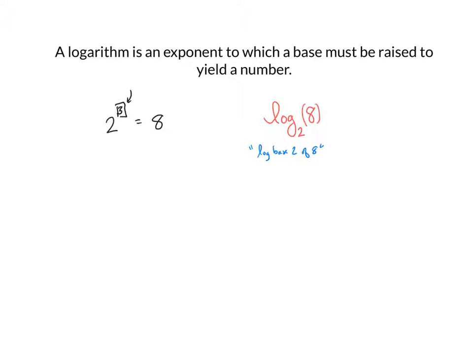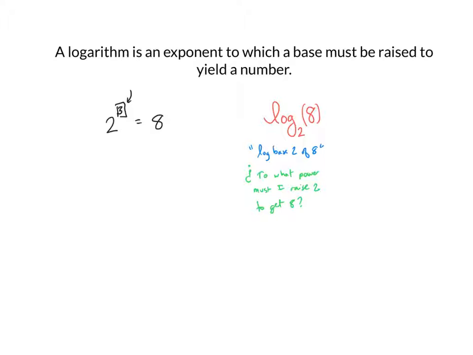Now, the other thing I want you to understand is what this log actually is asking. And so log base 2 of 8 means to what power must I raise 2 to get 8?